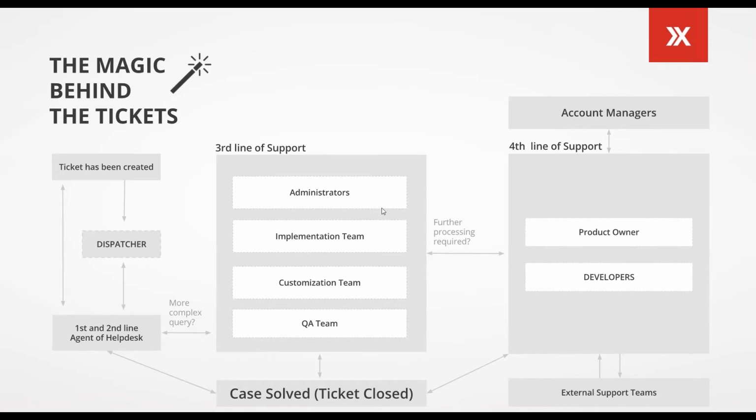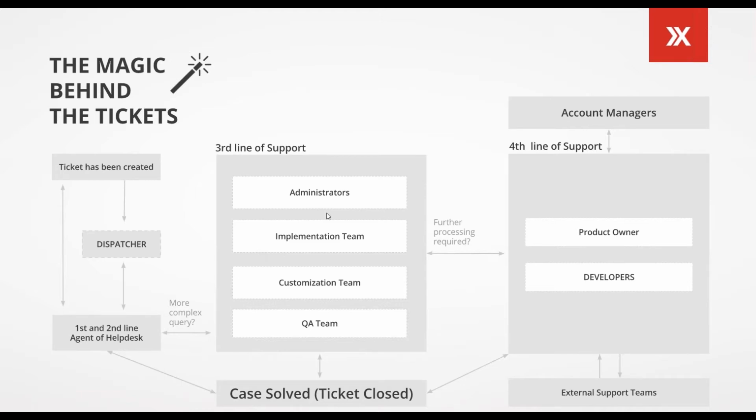The second team is the implementation team. The staff of the implementation team are very experienced XTRF employees, and they are able to answer all the questions which we are unable to answer. They are very helpful, answering the questions you post that we don't have the full knowledge to answer. We transfer that ticket there, and they take care of it and investigate it.